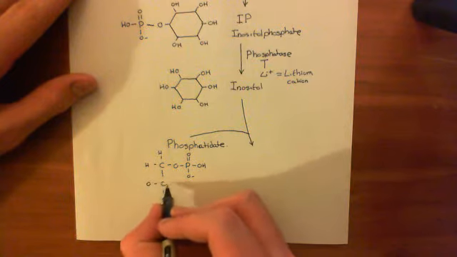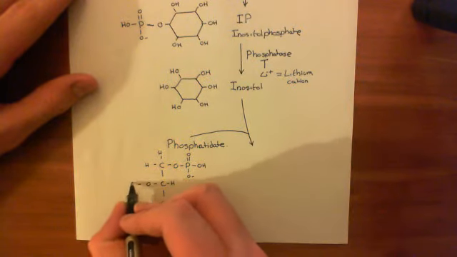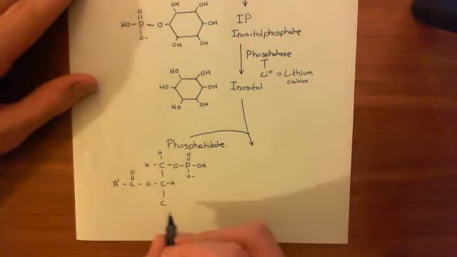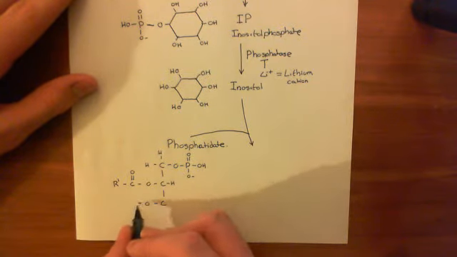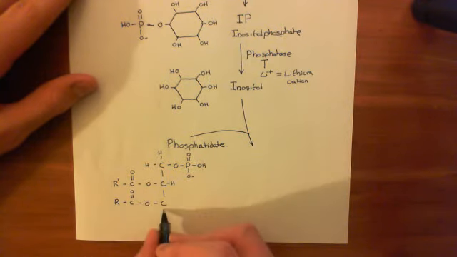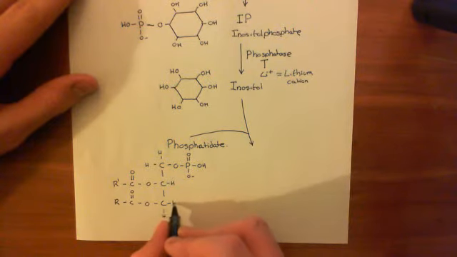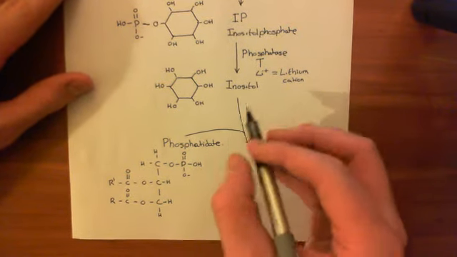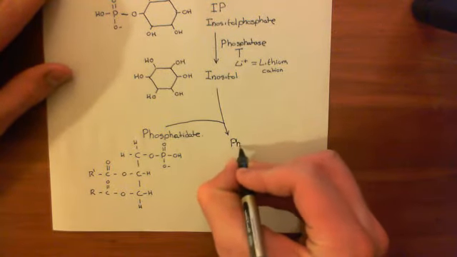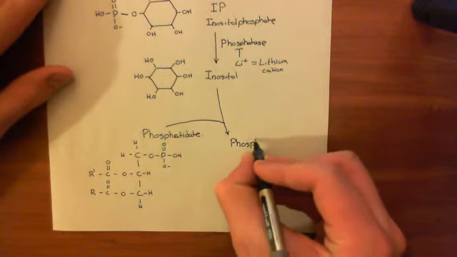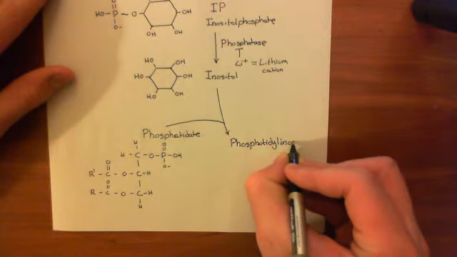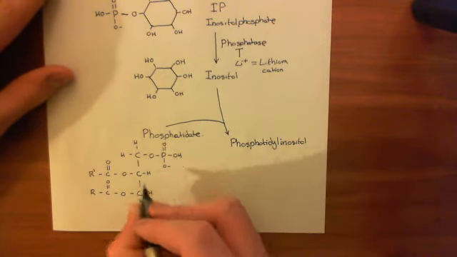Then off this second carbon you have your long-chain carboxylic acid esterified here, and off this first carbon you have another long-chain carboxylic acid esterified off here, like so. Okay, so this is phosphatidate, and when you combine that with inositol, what you're going to get is phosphatidyl inositol, or PI. Right, so this is this molecule here.